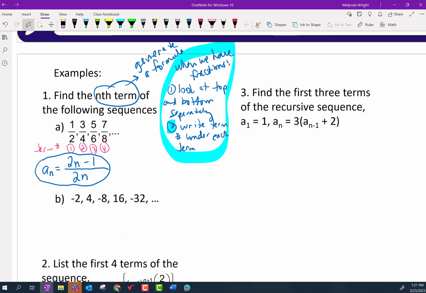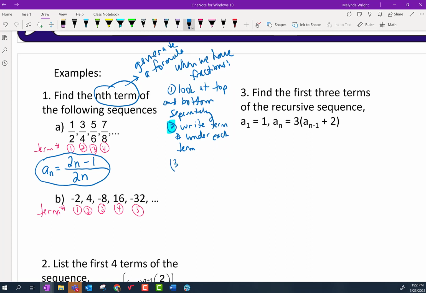So I'm going to start by putting the term numbers underneath here, so I can kind of start thinking. So a 1, a 2, a 3, and a 4, and a 5. Okay. The signs do something called alternating. So let's add something to our list up here.